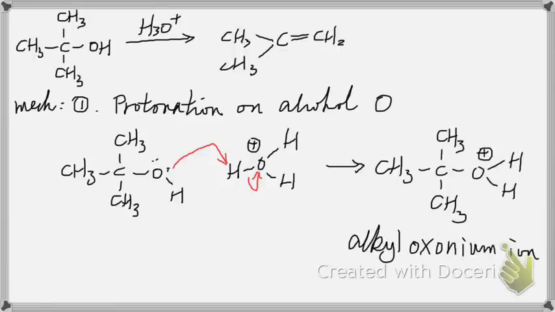This is called the alkyl oxonium ion. Later you will see that whenever we talk about deprotonation or protonation, which deals with transfer of a proton from one molecule to the other, these are generally fast reactions.